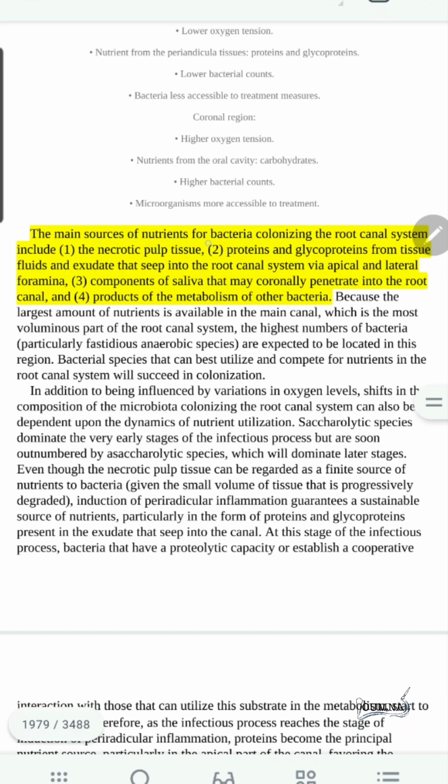The sources of bacterial nutrition are the necrotic pulp tissue, the proteins and glycoproteins from the tissue fluids of the tissue around the root, the components of saliva, and the metabolic products of other bacteria.